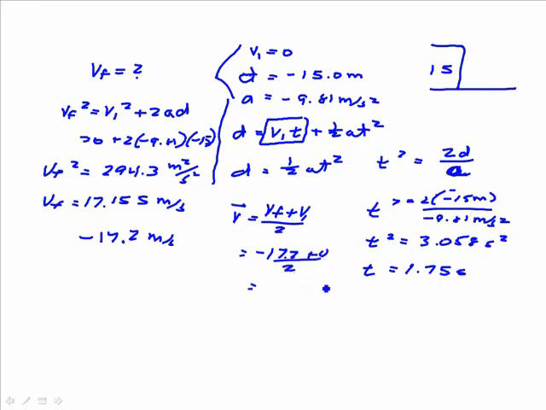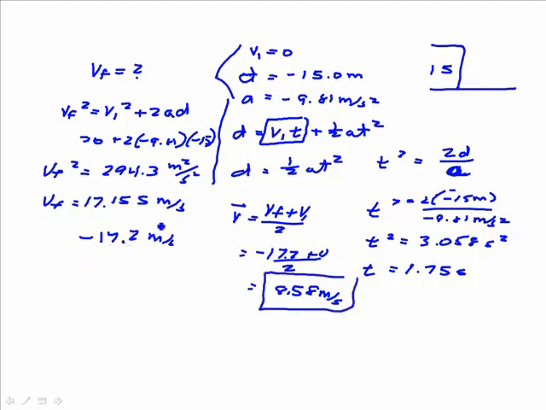And so you get half of 17.2, which is 8.58 meters per second, and of course that would also be down. But since they're asking for speed, you don't actually have to give the direction.